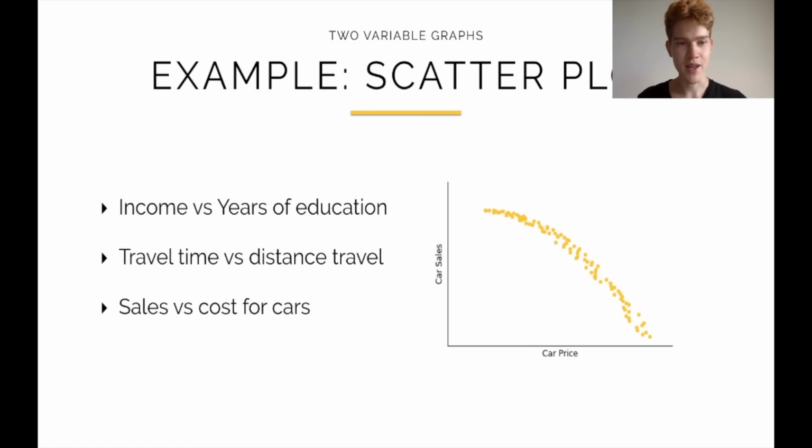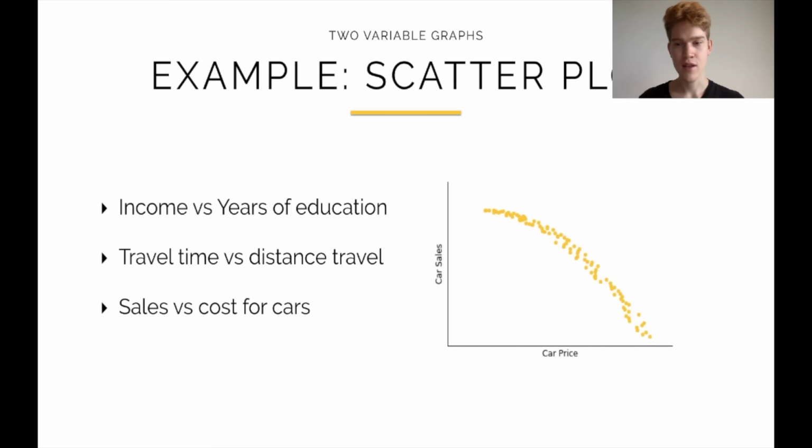So that's one example of a scatter plot. Then something else that we can look at is maybe the income versus years of education. So we would look on the x-axis at how many years someone has been educated, and then we would look at their current income, and that would just be a point on the graph. And we can do that for many different people, and then we can see how different education for different people affects their current income. So that's another thing we can do a scatter plot for.